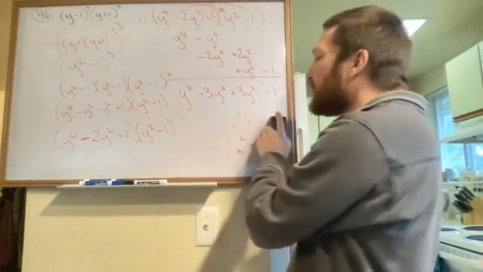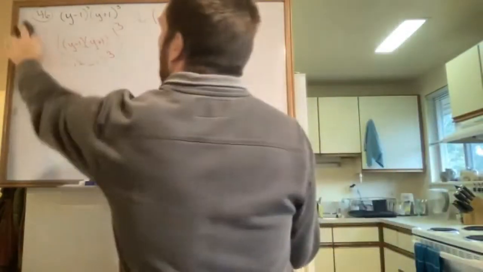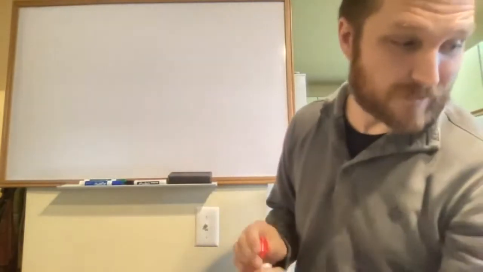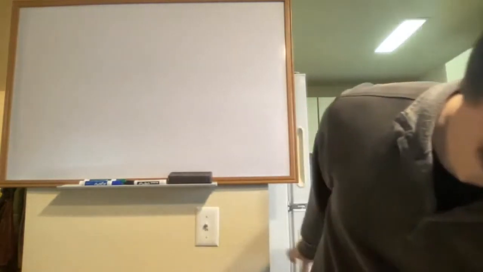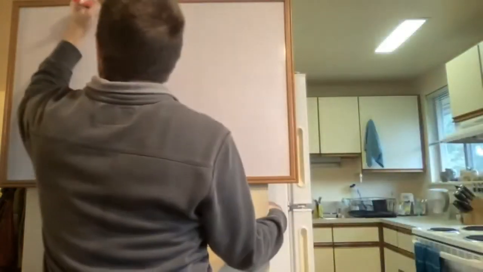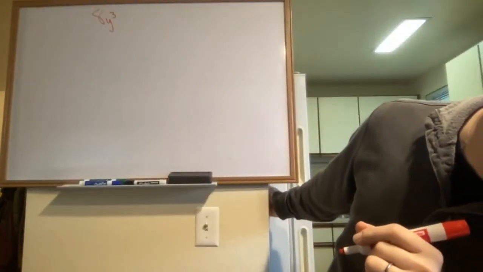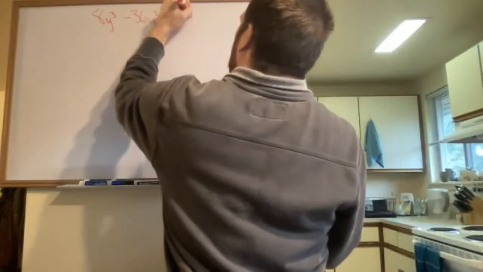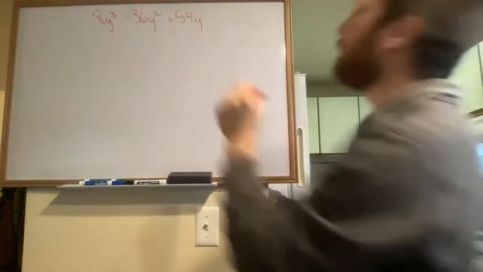So 42. This one was tough. I think it was a challenge problem too. It was critical thinking. Okay, so it said the cube of a certain binomial is 8y cubed minus 36y squared, then plus 54y, finally minus 27.